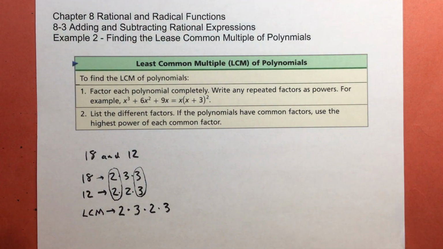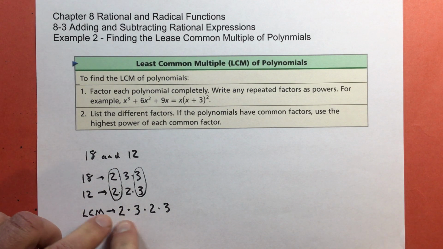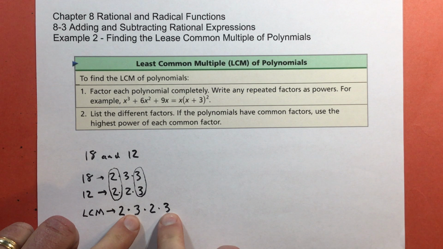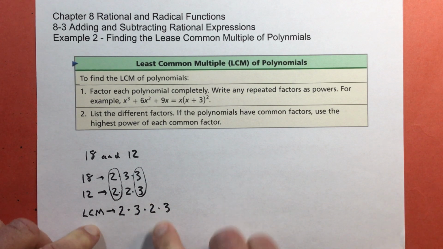Now, and here's how to look at it, okay? Is this a multiple of 18? Well, 18 is going to be 2 times 3 times this 3. So if I multiply the 2 times 3 times 3, I get 18. And then I multiply it again by 2. Yes, this is a multiple of 18. It's 18 times 2. The 18 is inside here.